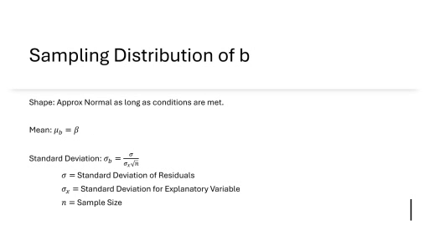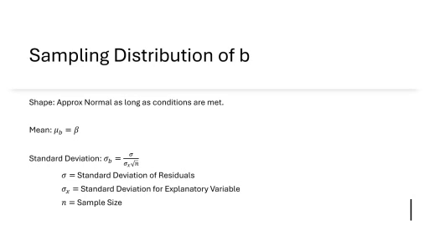Okay, so the sampling distribution of b, you're looking at its shape, mean, and standard deviation. Its shape should be approximately normal as long as all the conditions are met. And we'll go over the conditions. There are actually 5 conditions that need to be met for this one instead of the normal 3. The mean, which is mu sub b, is equal to beta. Again, it's centered, mostly just notation stuff here.